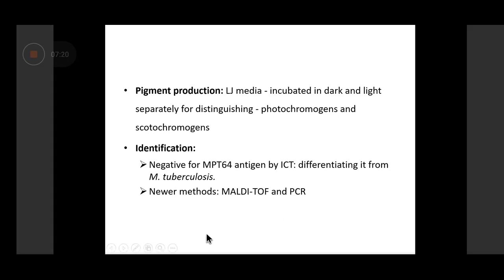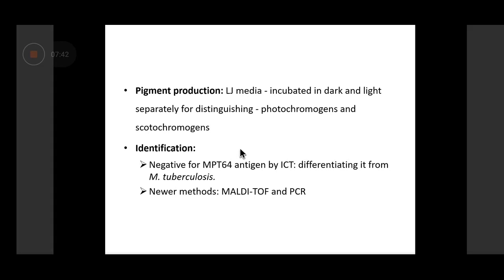Then for the other methods of identification, we have the MPT64 antigen, which we can detect by an immunochromatography test, which is positive in case of M. tuberculosis. So in NTM, any mycobacterium sample that comes, it can be pulmonary if it's a sputum sample.